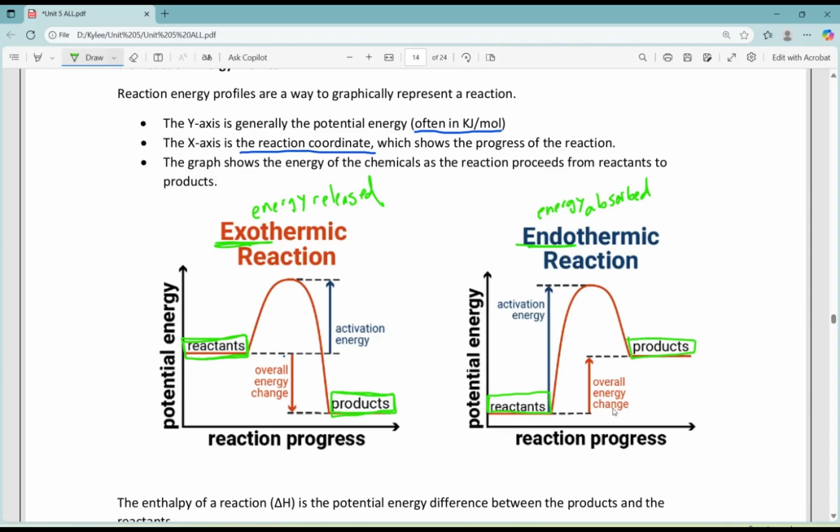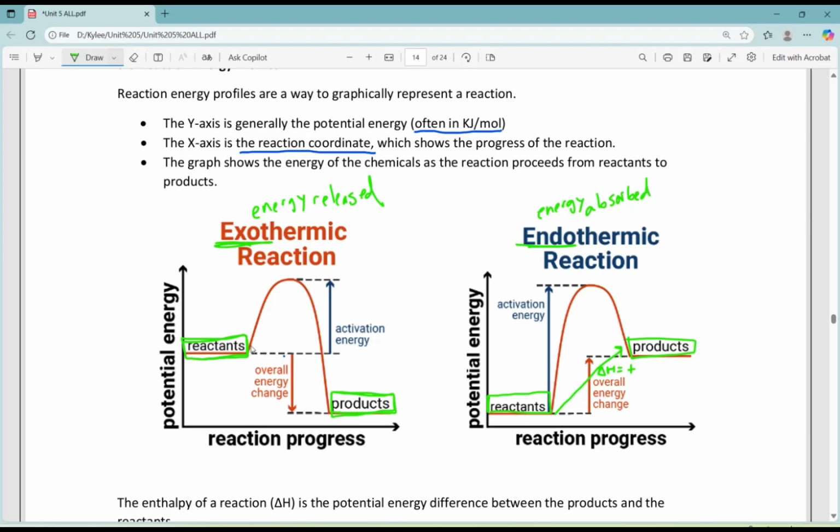And this overall change in energy, that's called the delta H. In the endothermic reaction, I'm going to have to put energy in to get this reaction to go. That's why my reaction is endothermic. And my delta H, that change in overall energy, is going to be positive because I'm putting energy in.